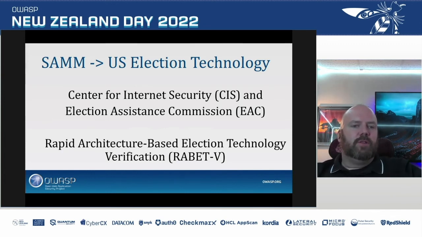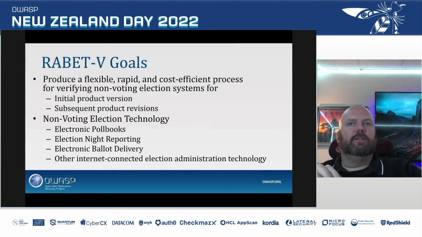Really long name, but the whole idea is for non-voting technology. This is basically all the supporting technology for electronic voting that's not part of the actual voting process itself. So we're looking at poll books, election night reporting, ballot delivery, voter registration databases, that kind of stuff.